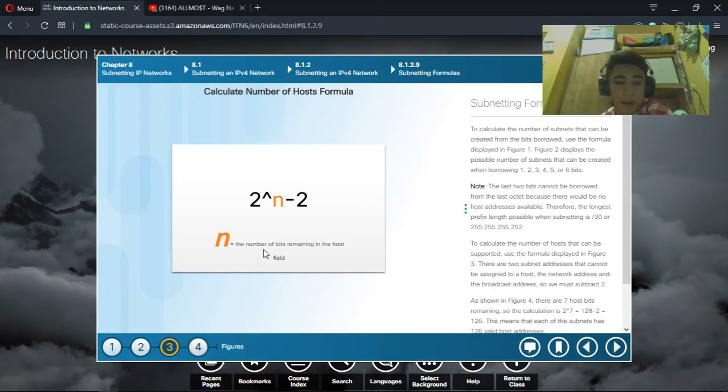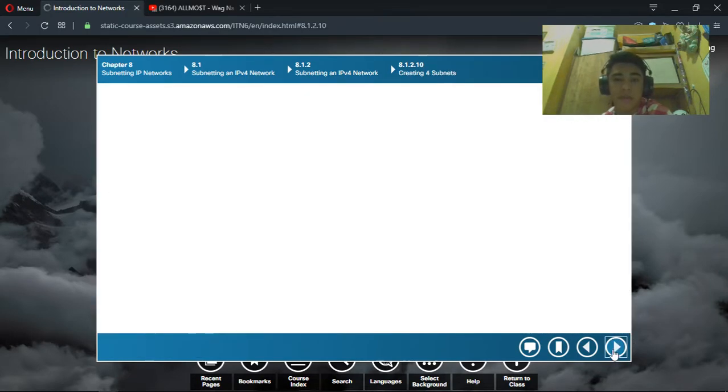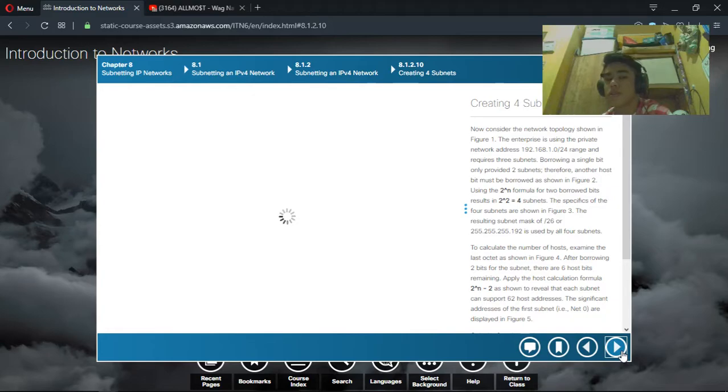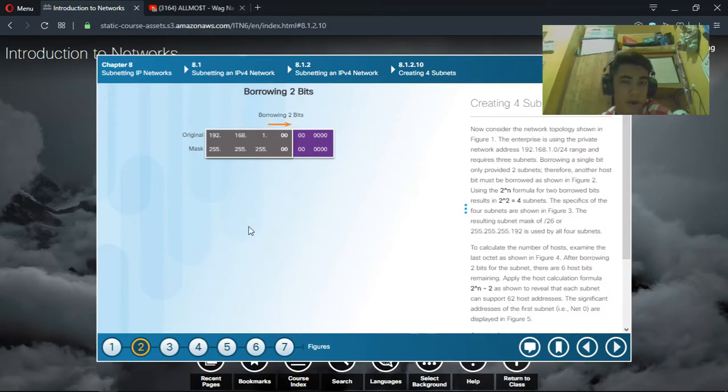The formula for the bits remaining in the host field: if 7 bits, 32 minus 3 equals 30. Then creating 4 subnets, we borrow 2 bits.